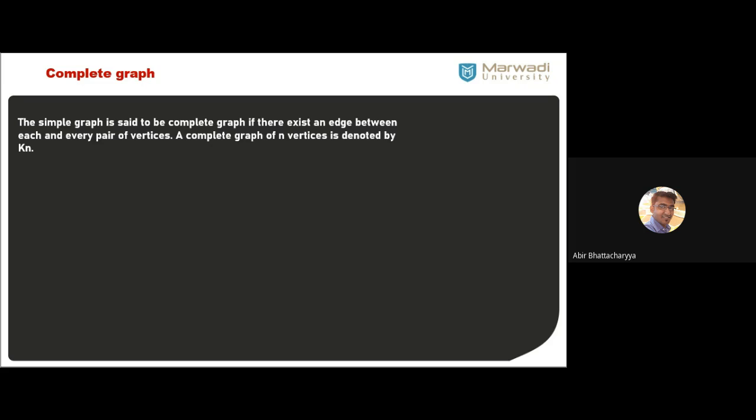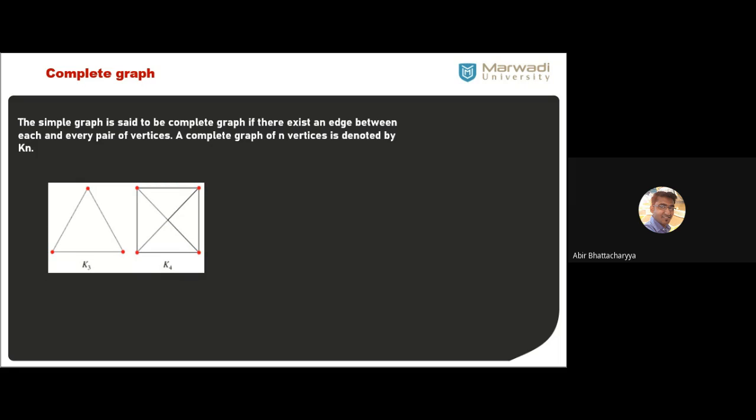For an example, you can construct many complete graphs. The notation of a complete graph is Kn, where n is the number of vertices. Here is an example, K3 and K4. K3 means a complete graph of 3 vertices. You can observe here, how many vertices are given? 3.